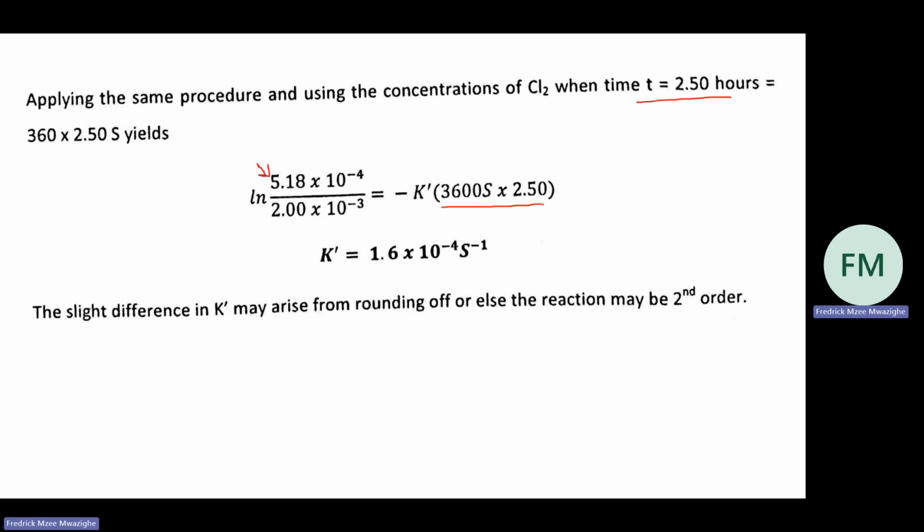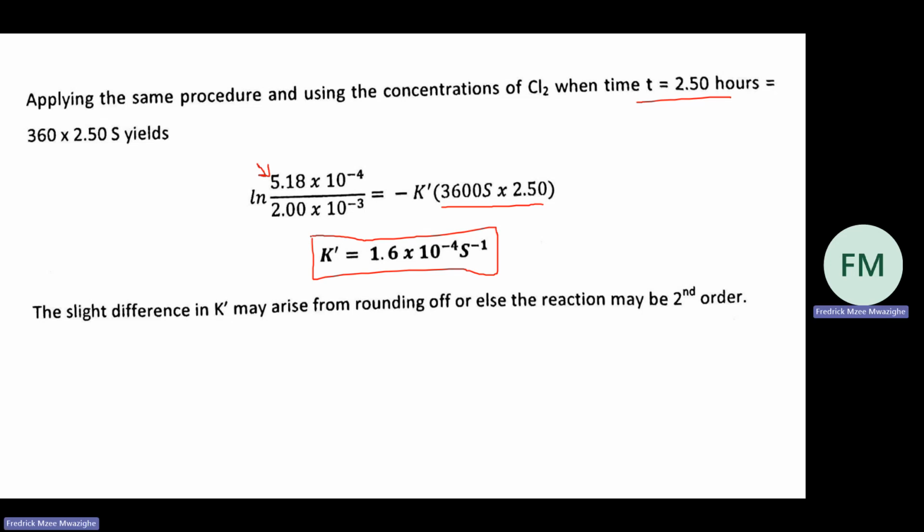Again, you can confirm this calculation of K prime. You find that K prime equals 1.6 times 10 to the power minus 4 per second.